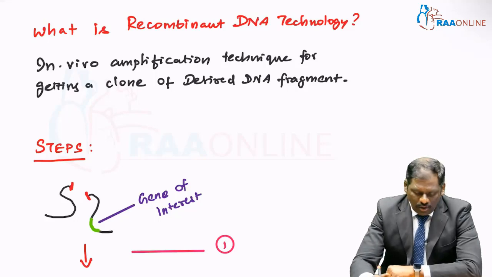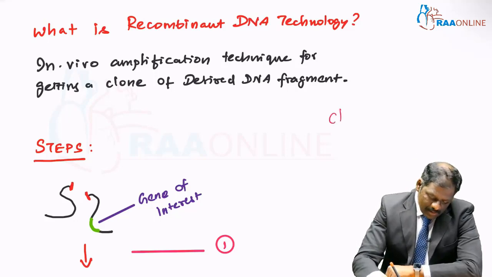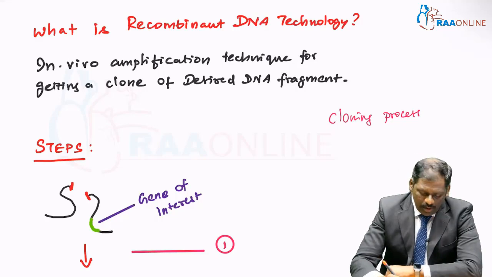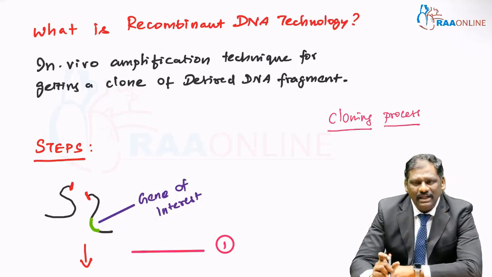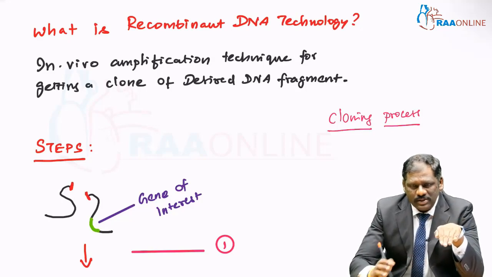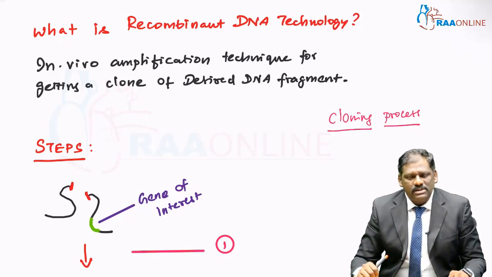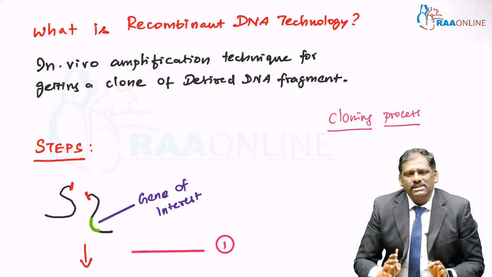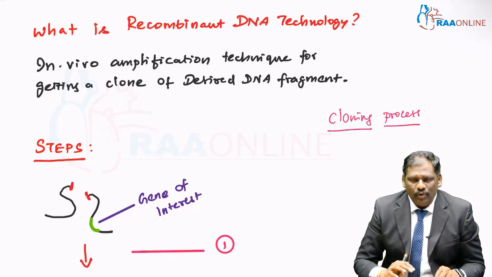It is nothing but a cloning process. So what is a cloning process? Cloning process is producing identical copies. From a parent copy, you are producing an identical copy. That is called a cloning process. In this case, the cloning is done in vivo, in a cell.